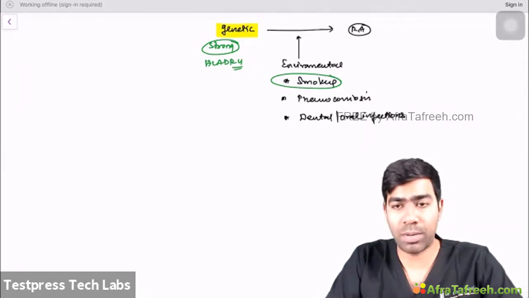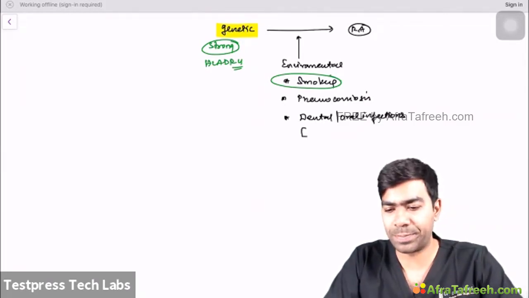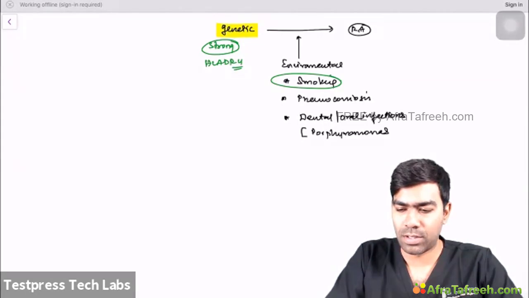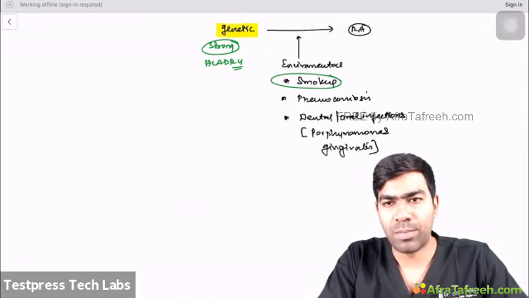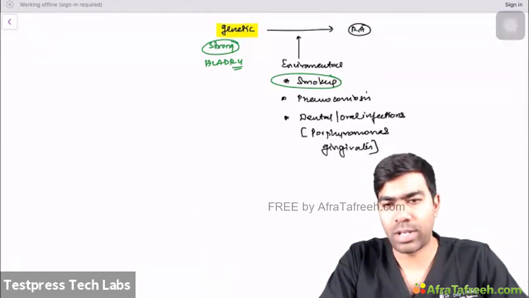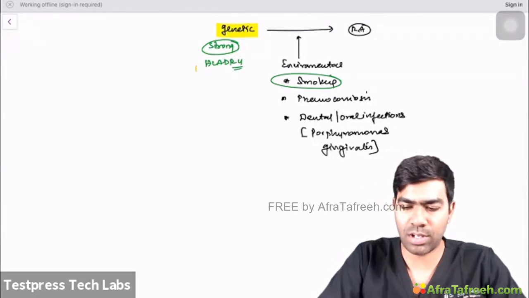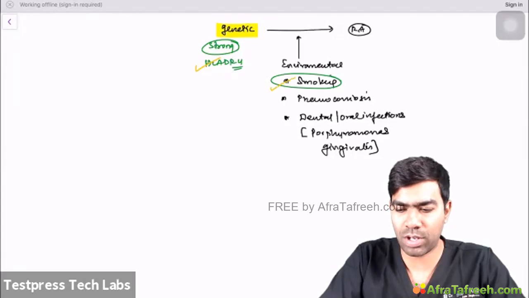This is due to one important bacterium that's been implicated in the development of rheumatoid arthritis called Porphyromonas gingivalis. So that's a very important organism. I'll tell you why this organism is important. So these are some of the risk factors, but if they ask you the strongest genetic, HLA-DR4; strongest environmental, it is smoking, of course.